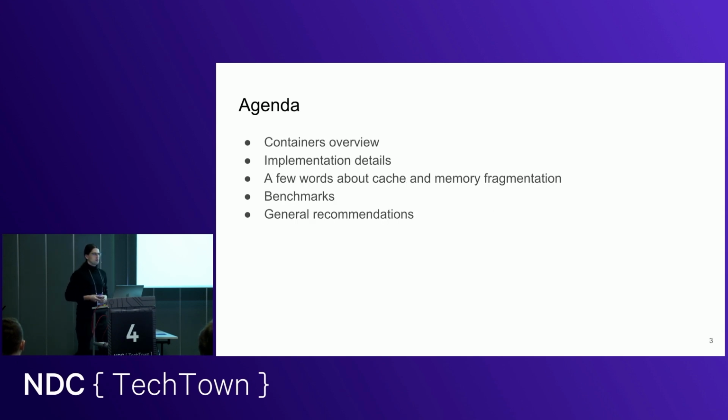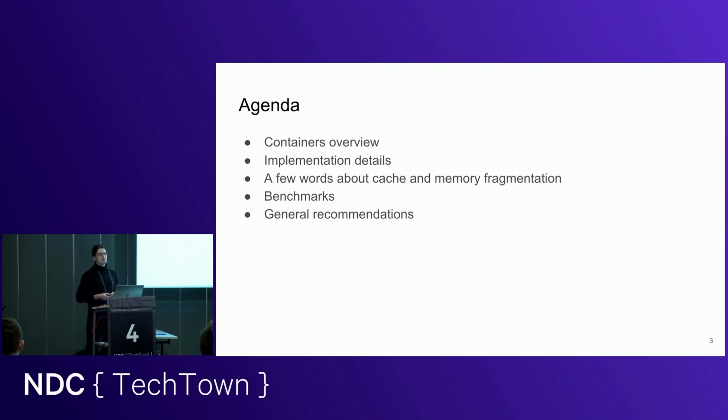For today, first I want to give you some overview of existing containers and the containers that will be included in the standard library in C++23. We want to look into some implementation details of those containers. Then I'm going to talk about some advantages and why we might want to use those containers in real production code and what kind of issues they can solve for us.